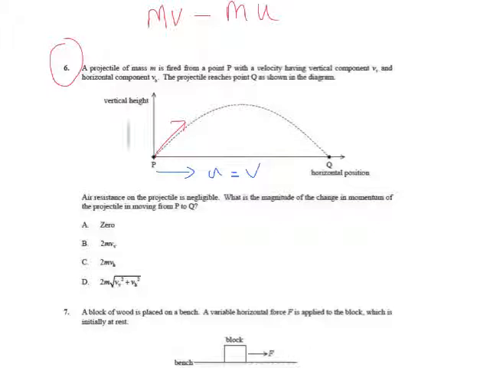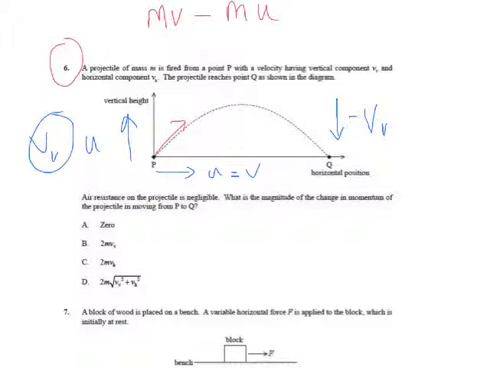Vertically, the initial vertical velocity, v_v, seems to be the same at the beginning as it does at the end in magnitude. But as you can see, its direction's different. If the initial velocity is positive, then the vertical velocity at the end would be negative. So we do have a difference. Let's substitute that into our values above.